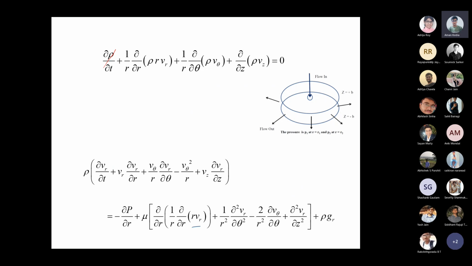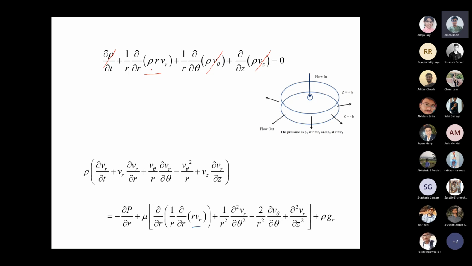That's one part of it. There is no velocity in the theta direction. There's no velocity in the z direction. So the non-vanishing term of the continuity equation would only be this term.